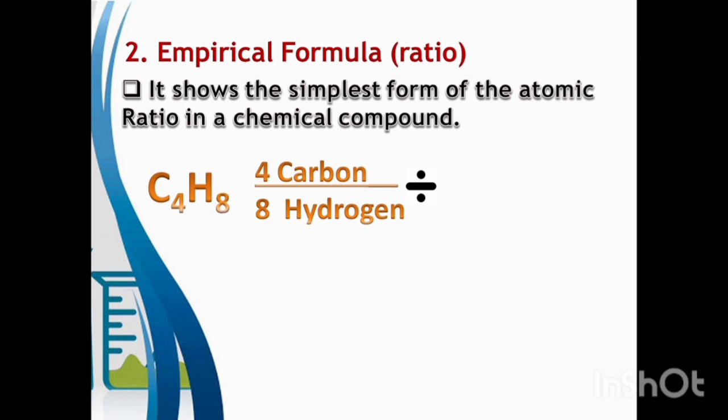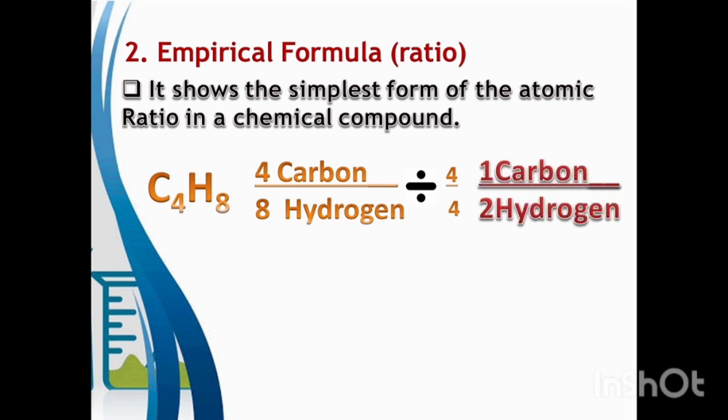So in cyclobutane we have 4 over 8, which can be divided by 4. 4 divided by 4 gets 1 carbon, while 4 divided by 8 equals 2 hydrogen. So this is the simplest ratio of the compound. The empirical formula is CH2.